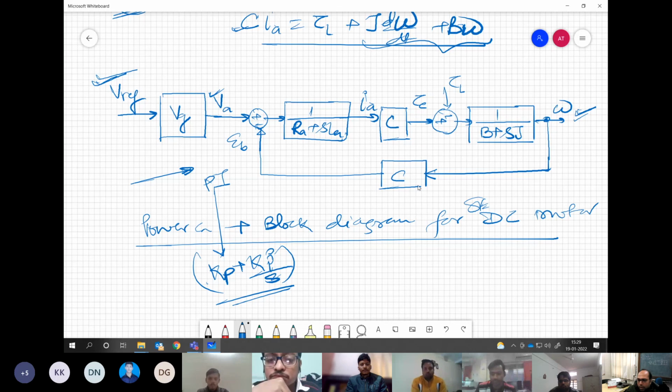With these questions, I stop the class over here, and tomorrow we deal with more things related to the control aspect. Tomorrow and the day after tomorrow, 2 days, it will go completely into the control domain, which will complete your DC separately excited motor closed loop control. And then we will move towards the induction motor.